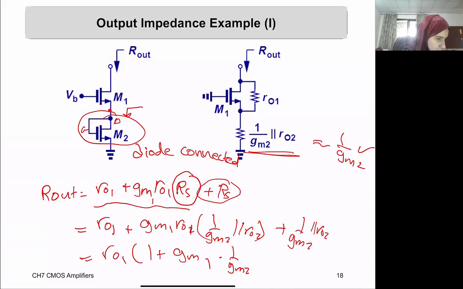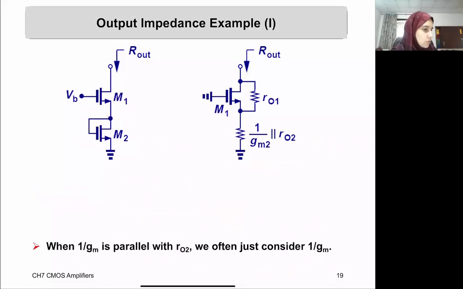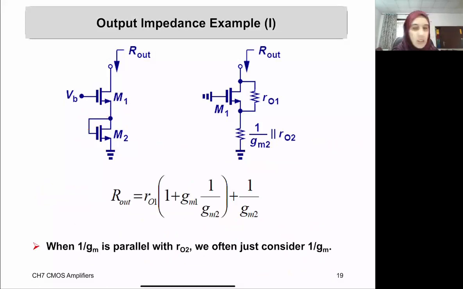Sorry, this should be Gm R out 1 in parallel with R out 2 plus 1 over Gm2 in parallel with R out 2. So those are the same things. Here they ignored the R out 2 in parallel and just considered it 1 over Gm2. Yeah, as it's mentioned here.